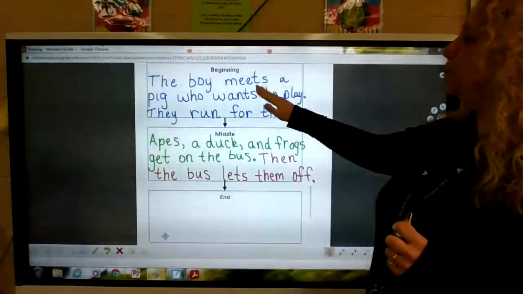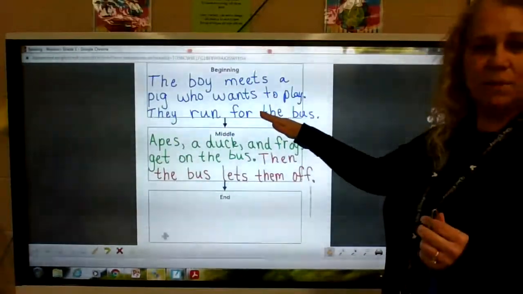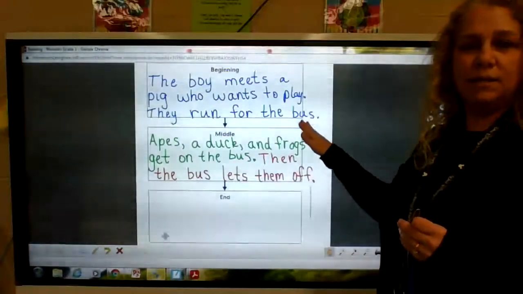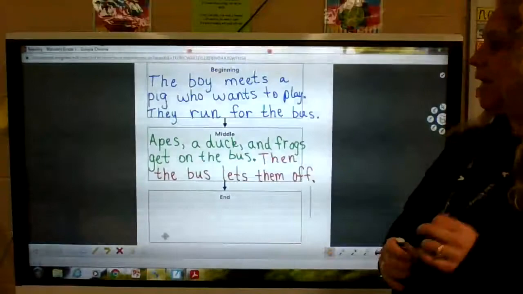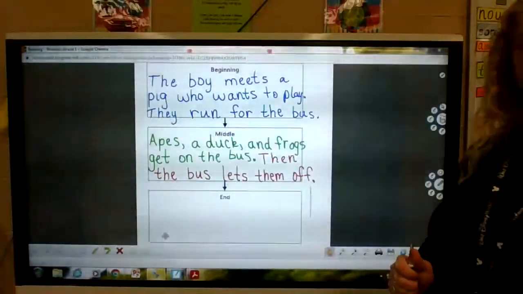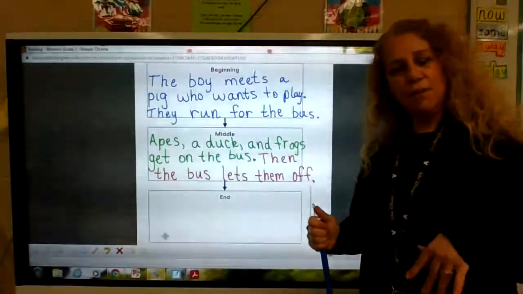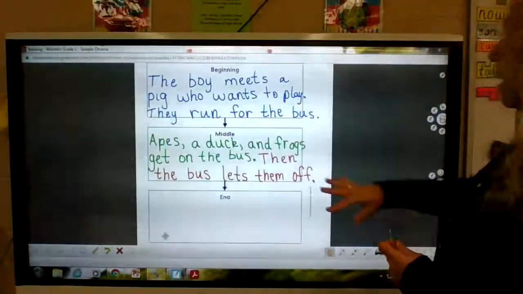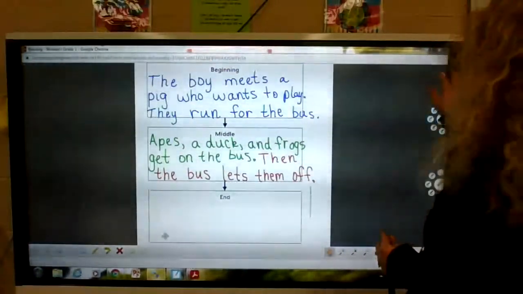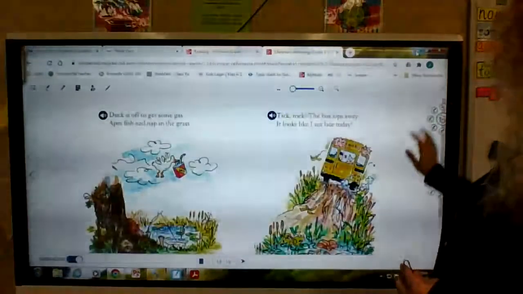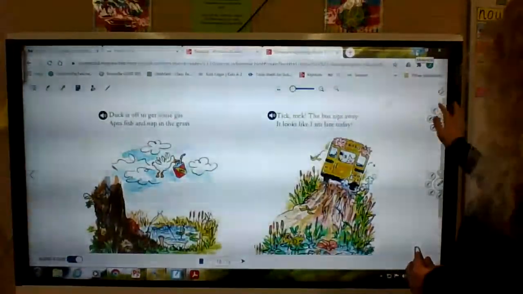So at the beginning, the boy meets a pig who wants to play, and they run for the bus together, because that's showing they're together. Then in the middle, apes, a duck, and frogs get on the bus, and then they get off the bus. Okay, so now we still need an ending about whether this boy is late for school. So let's go back to our story now.